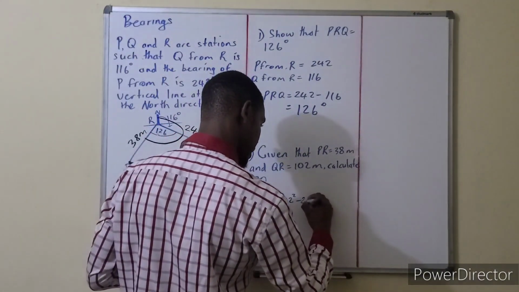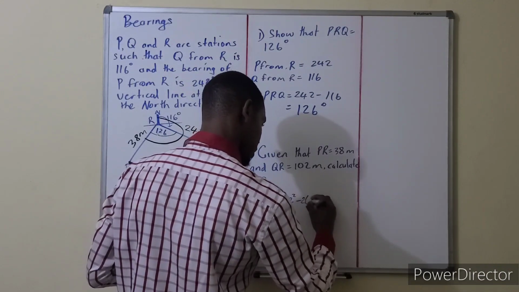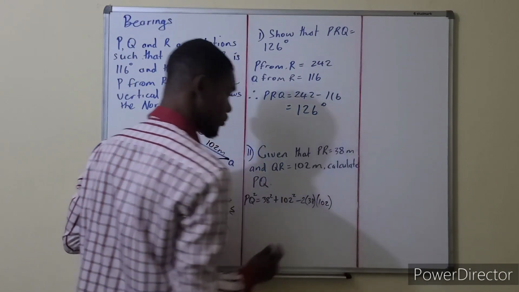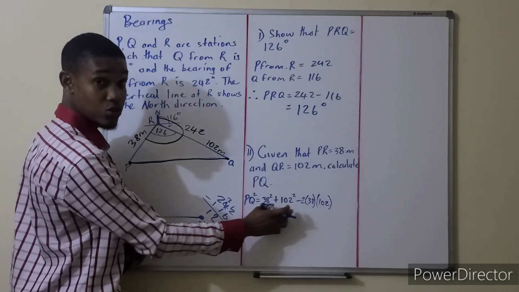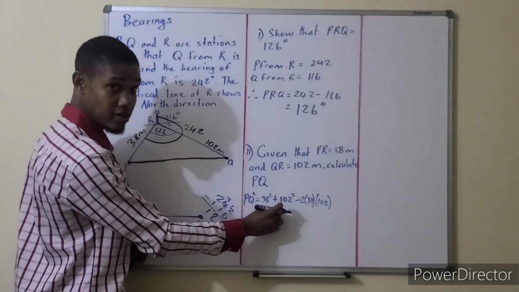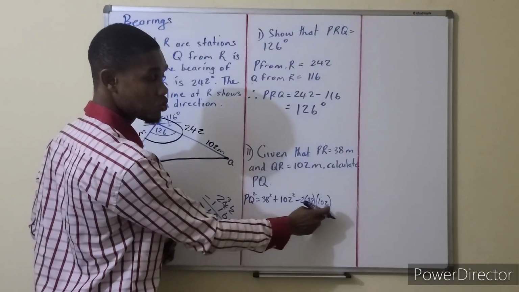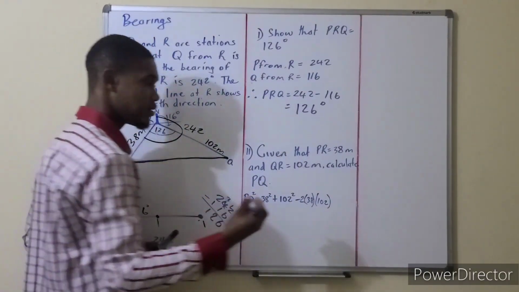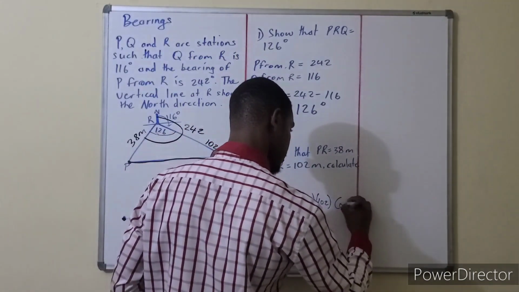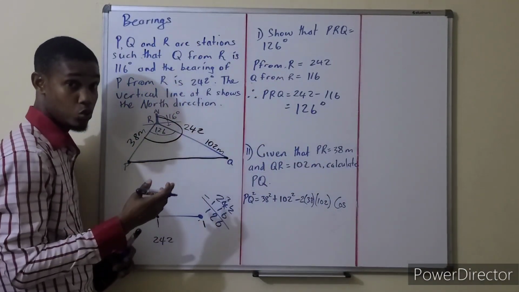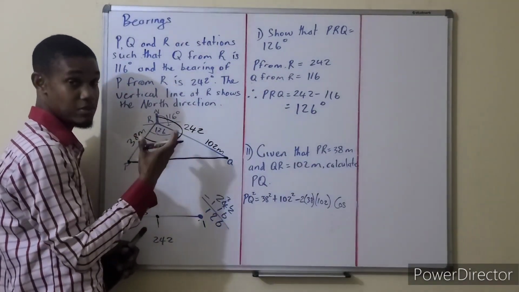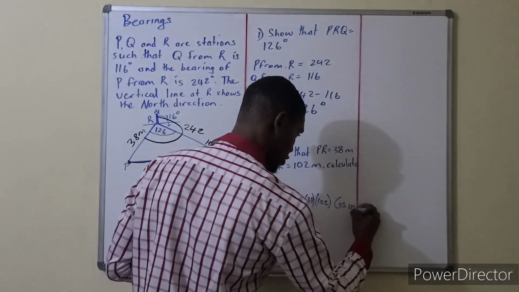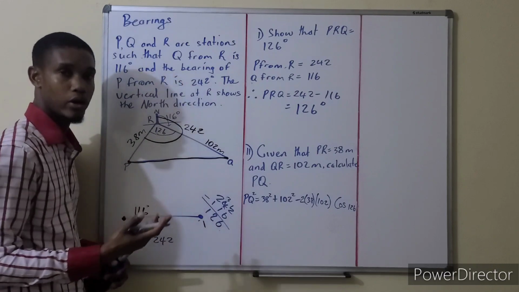So it will be 2 times 38 times 102. So it's the two sides being squared first and added, minus the product of the two sides times 2, multiplied also by cos of whatever angle you have, and that is being enclosed. So in this case it's 126, sorry. So you work that part.